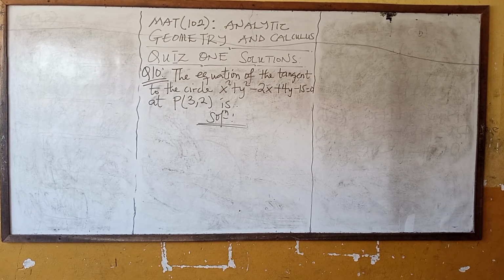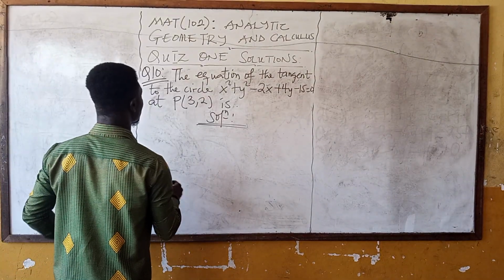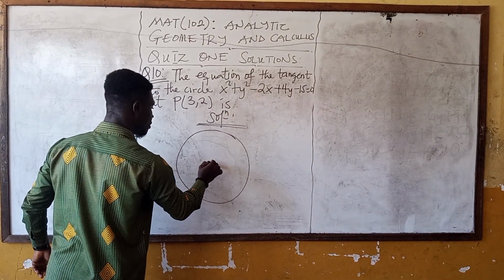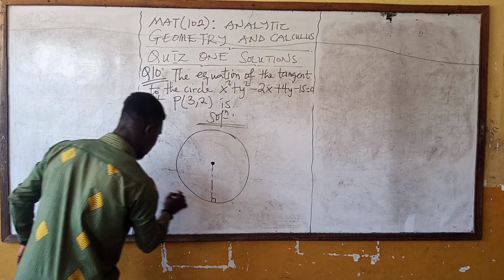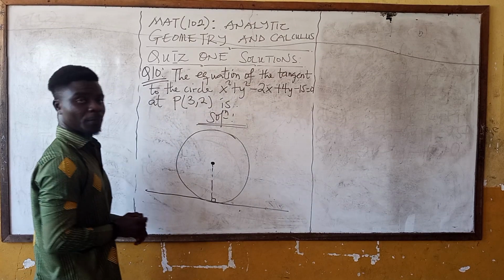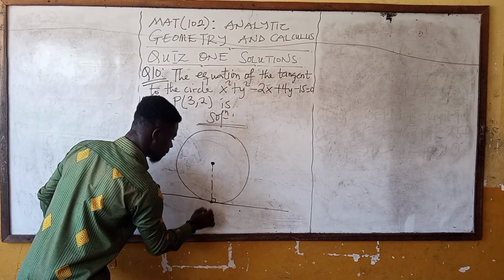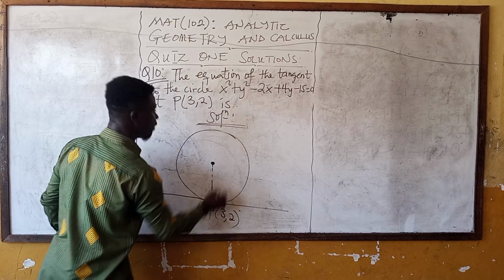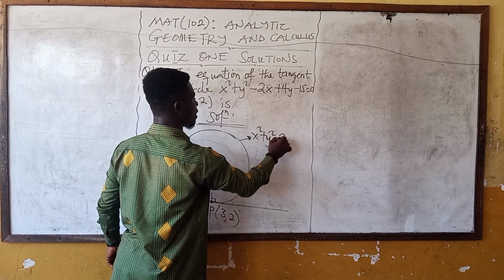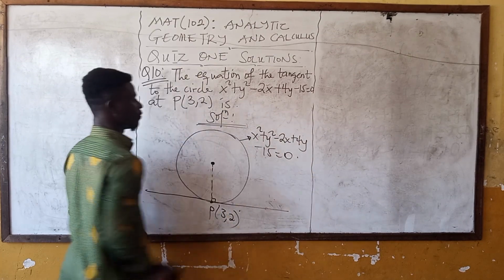So now let's see. This one we have to sketch. So the equation of the tangent to the circle. So we have this circle. So we have the tangent; don't forget that the radius is always perpendicular to the tangential line. So now, point P here, that is giving us the equation of the circle x squared plus y squared plus 2x plus 4y minus 15 equals 0.